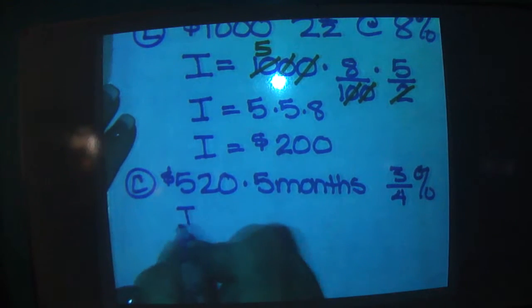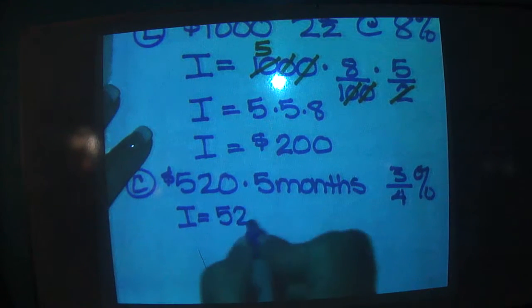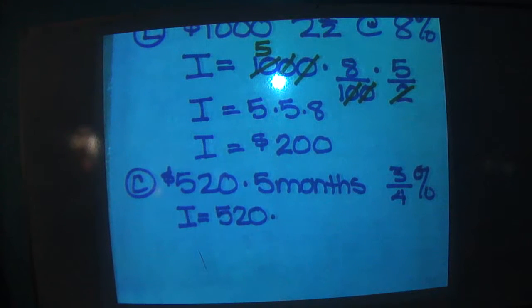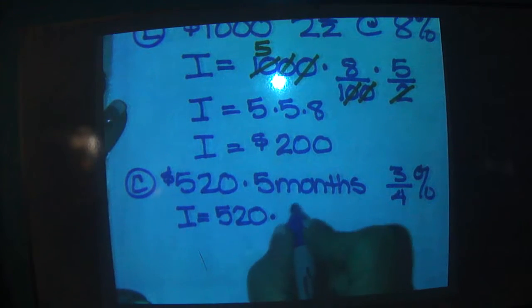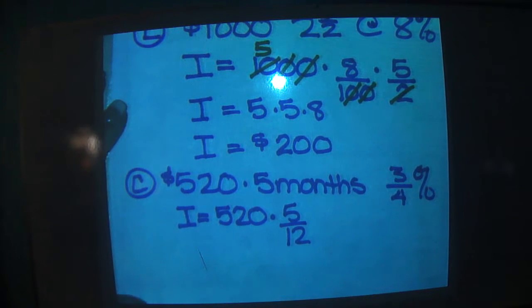Interest equals principal 520 times, in terms of a year, with a year being one whole. How long is 5 months? How many months in a year? 12. So how long is 5? Less than half. 5/12.